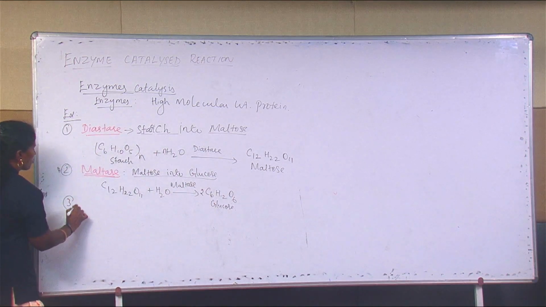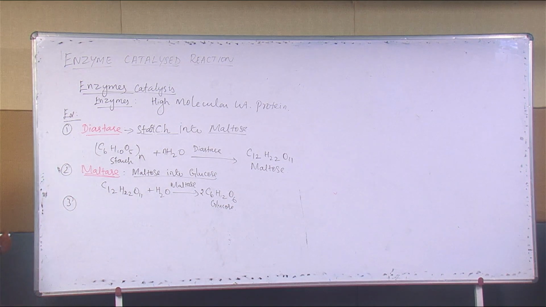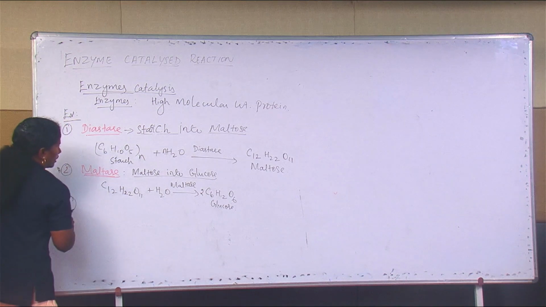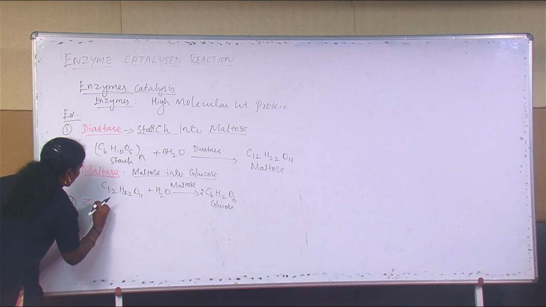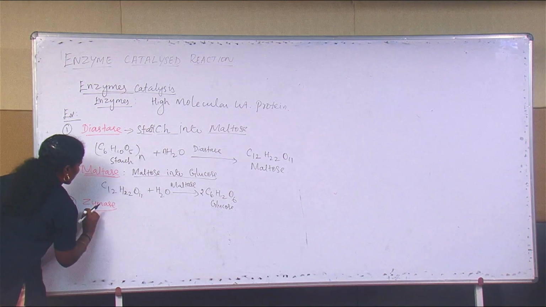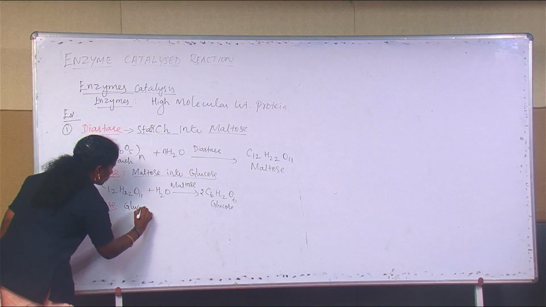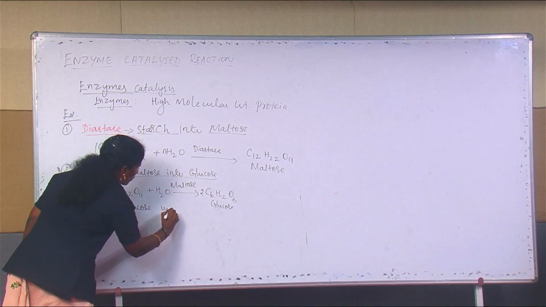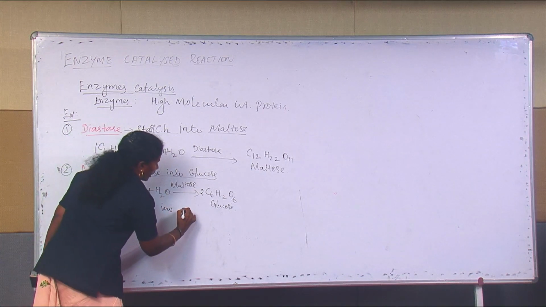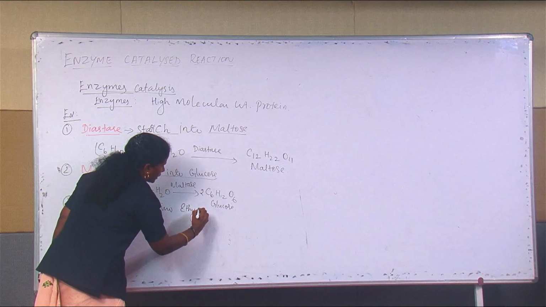The third example of enzyme catalyst reactions is the enzyme zymase. The enzyme zymase is used to convert glucose into ethyl alcohol, that means ethanol.